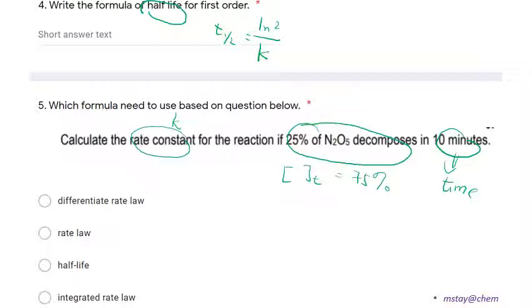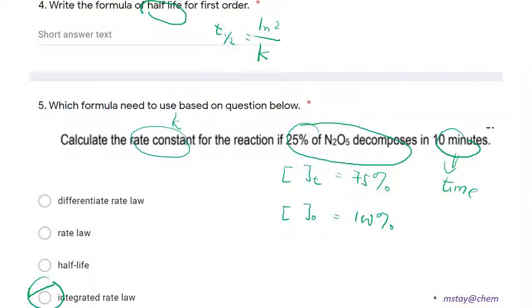It means that after that, 75% of N2O5 is left, because 25% is decomposed. 25% has decomposed, so what remains now is 75%. And the initial concentration is 100%. So from here we know that we need to use the integrated rate law to answer this question. Again, you also need to remember the formula for the integrated rate law of zero, first, and also second order.